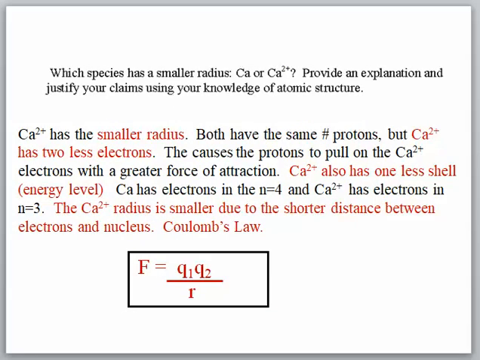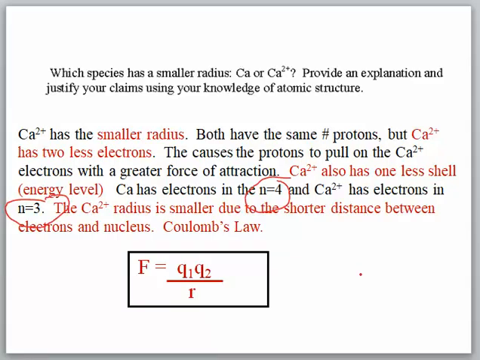Which species has a smaller radius, the calcium or the calcium 2+ ion? Well, they both have the same number of protons, but the calcium 2+ ion has lost 2 electrons, which gives you a greater proton to electron ratio. You might even want to pay attention to the fact that you've got electrons in different energy levels.